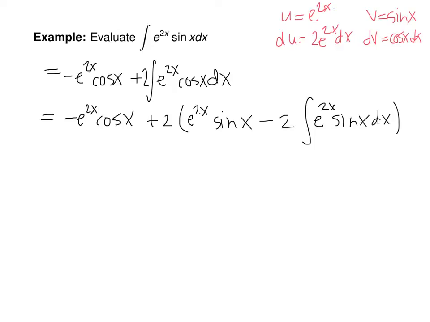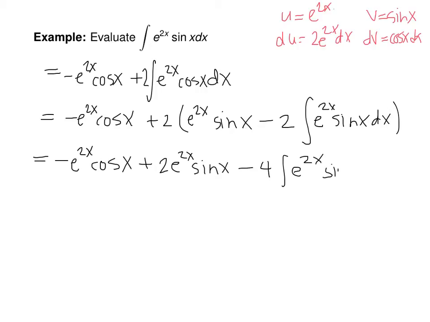And let's distribute that 2. So you have negative e to the 2x cosine x plus 2e to the 2x sine x minus 4 integrals of e to the 2x sine x dx. And now you're back where you started.